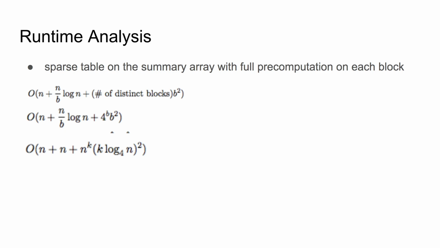And so if we say b is in the form of some parameter k times log n, where log is base 4, because 4 to the b, then this is still n, since b is now in the form of log n, so the log n's cancel, so you get n plus, and then doing some log math, 4 to the power of k log base 4 n becomes n to the k. And so we get that it's O of n plus n to the k times k log base 4 n squared.